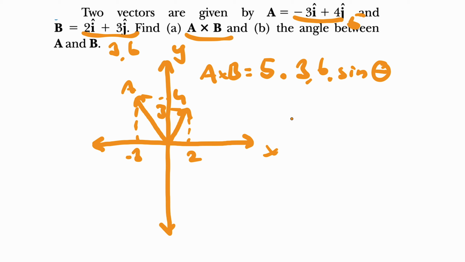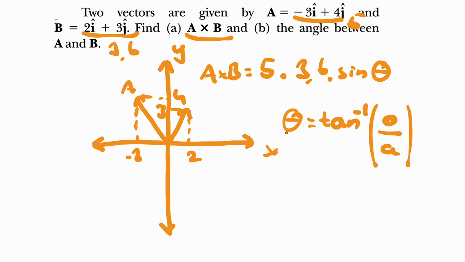Well, like I showed you before, we can find the angle of these vectors by the inverse function of tan with the input of opposite over adjacent. I'm going to calculate it for both of the vectors.